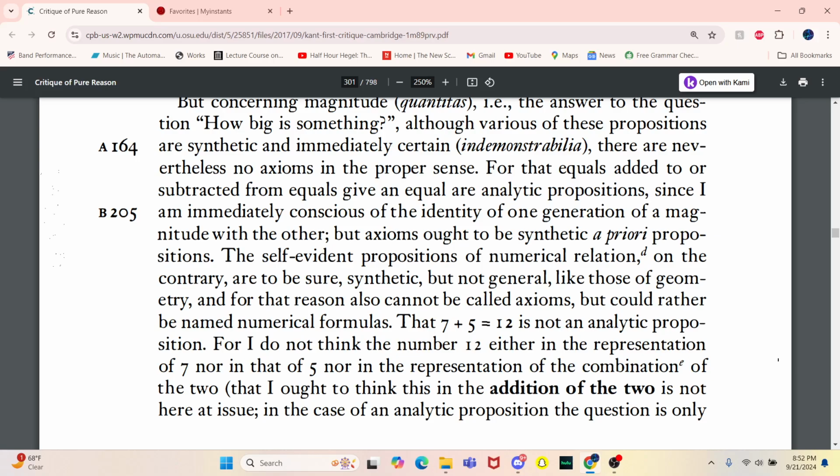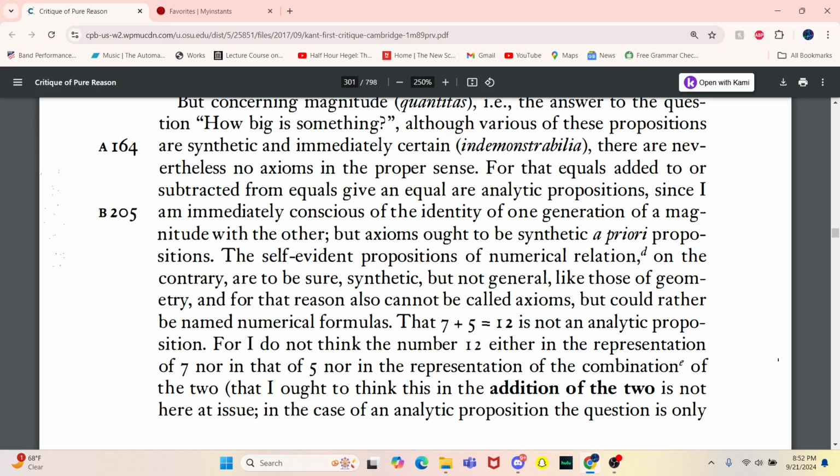But concerning magnitude, quantitas, very necessary to include the Latin, i.e., the answer to the question, how big is something? Although various of these propositions are synthetic and immediately certain, indemonstrable, there are nevertheless no axioms in the proper sense.